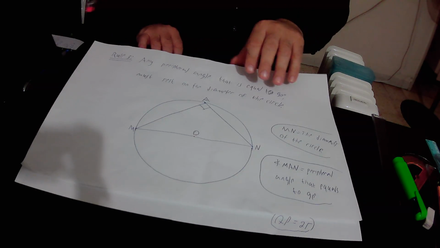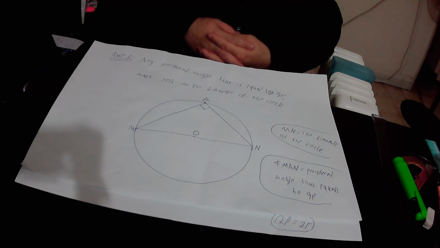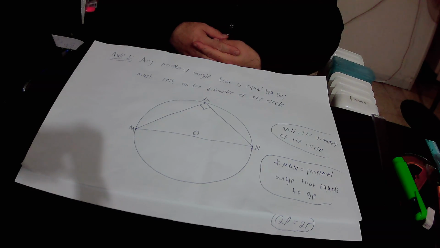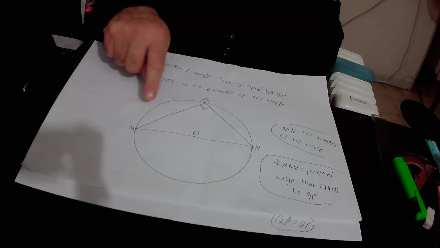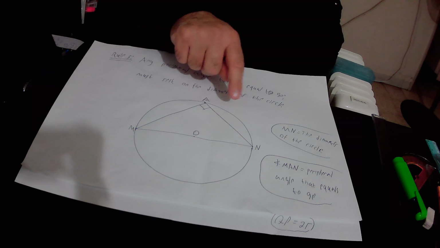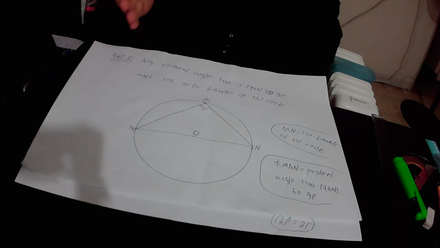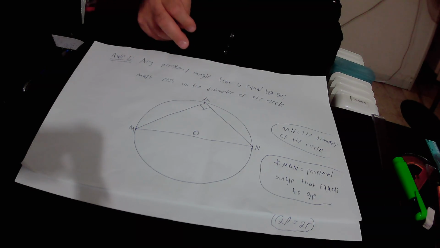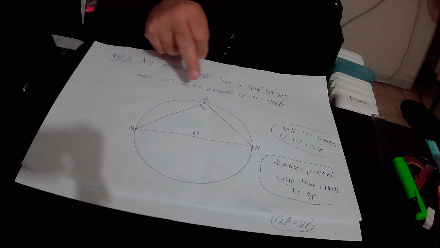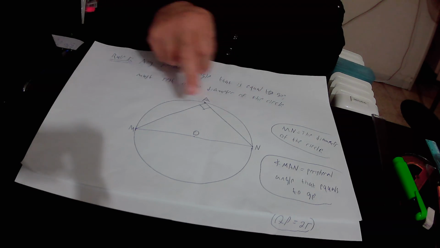According to rule number 5, any peripheral angle equal to 90 degrees must rest on the diameter of the circle. So in the drawing we have a circle, inside this circle we have peripheral angle MAN. This peripheral angle MAN equals 90 degrees in size, therefore according to rule number 5, peripheral angle MAN rests on the diameter of the circle.